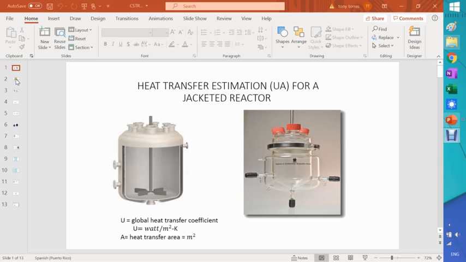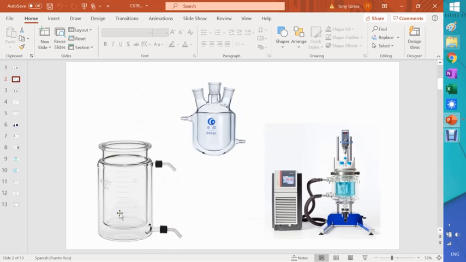We'll go to the second slide here. So more of that equipment that you see in the laboratory, where you can see clearly the jacket and the reactor itself. This needs the flange and the clamp for the top part. This one is a whole integrated unit with the jacket and the reactor.